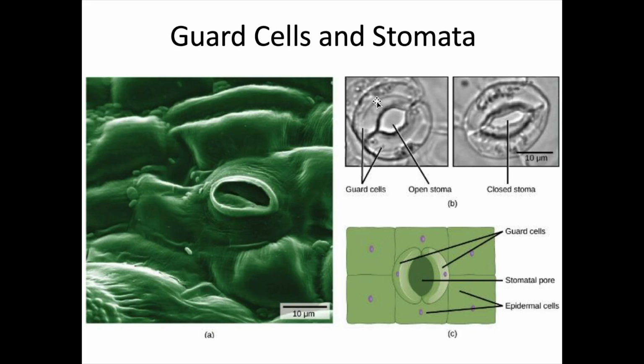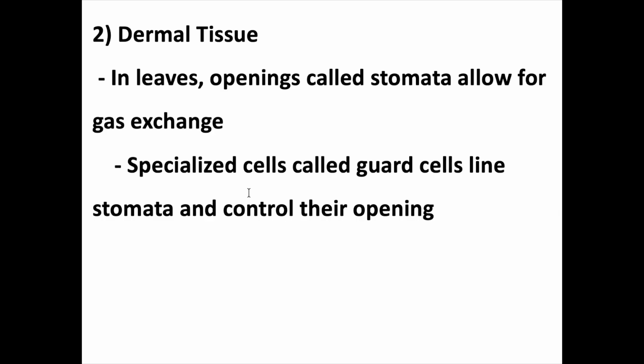Here's the opening, and yes, these guard cells on either side of this are specialized cells of dermal tissue that can close and open in order to control how much evaporation, how much gas exchange is happening. So guard cells, specialized dermal tissue used to line these stomata and control their opening.